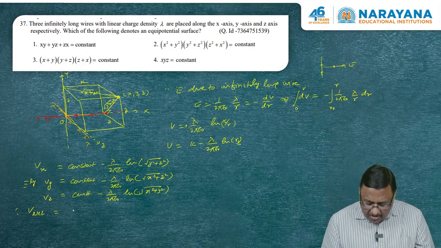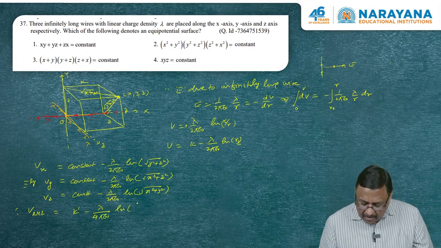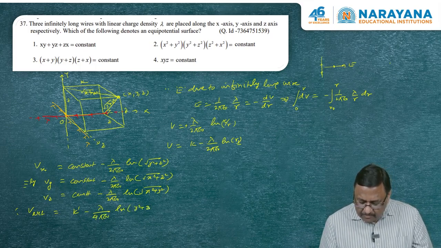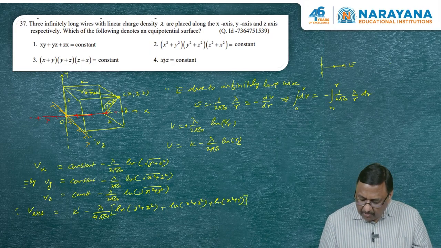It is going to be another constant here, let me write k dash, minus lambda upon, if I take out the root also, 4 pi epsilon 0 into log of y square plus z square plus log of x square plus z square plus log of x square plus y square. This whole thing will come out here.